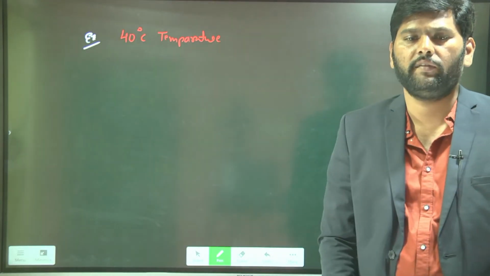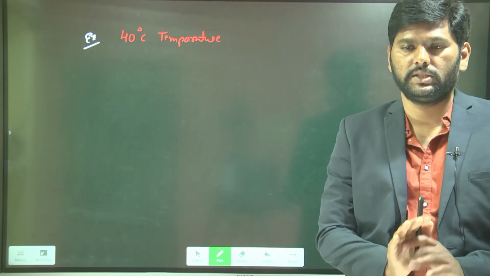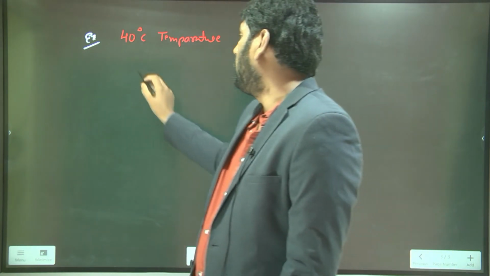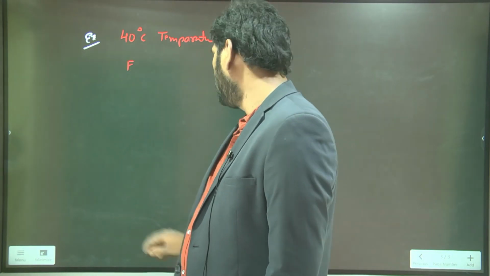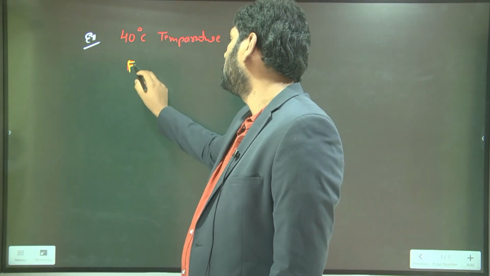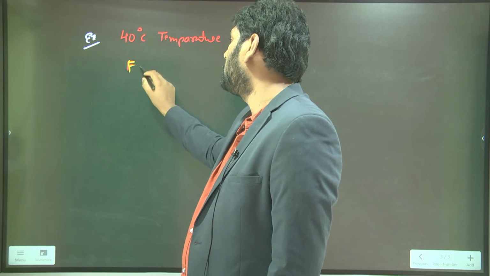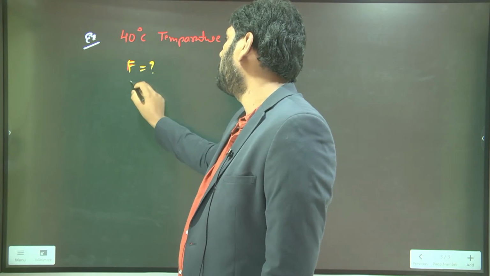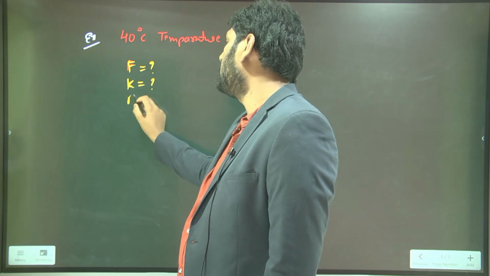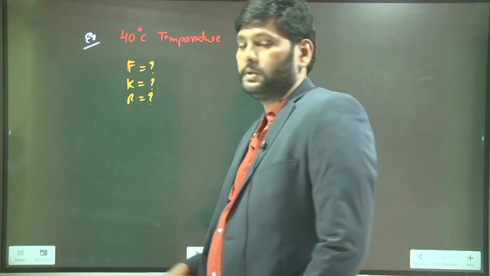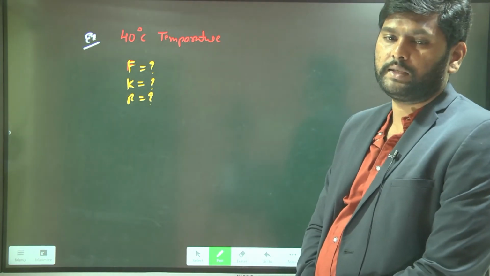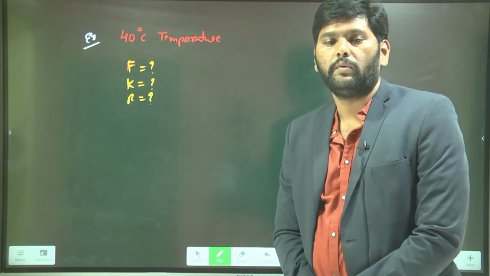A body has 40 degrees Celsius. I want this temperature first in Fahrenheit, then the same temperature in Kelvin, and the same temperature in Reamur.